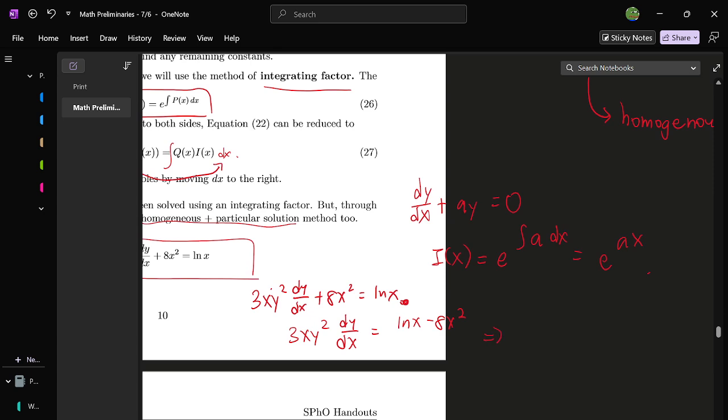And then you divide both sides by 3x. Then you multiply both sides by dx.